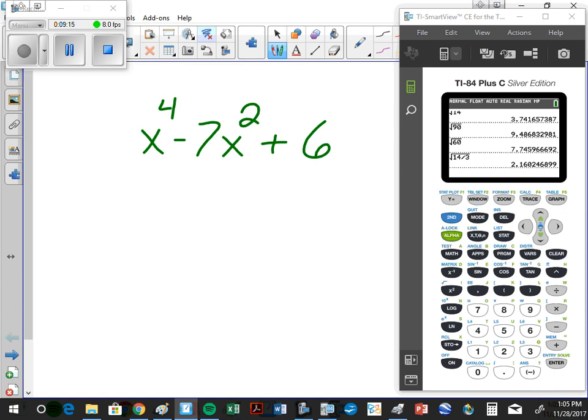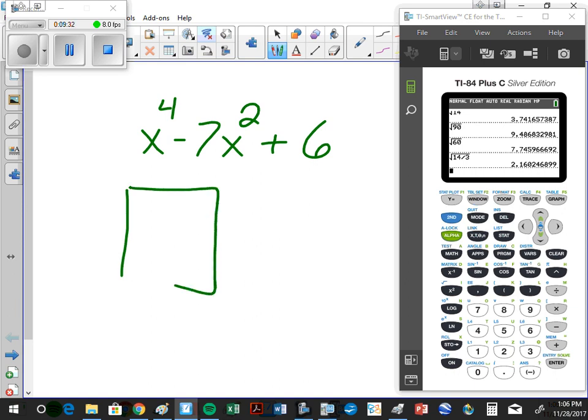We have x to the fourth, x squared, and a constant. If you have a constant and the middle exponent is half as big as the first exponent, we're going to use the box, even though it's not a quadratic.